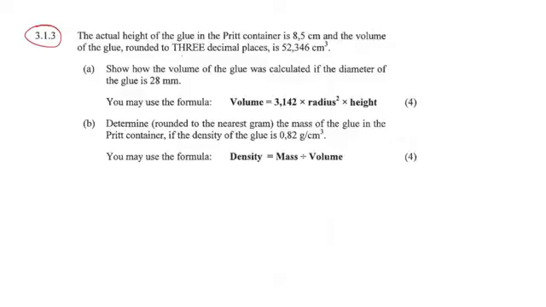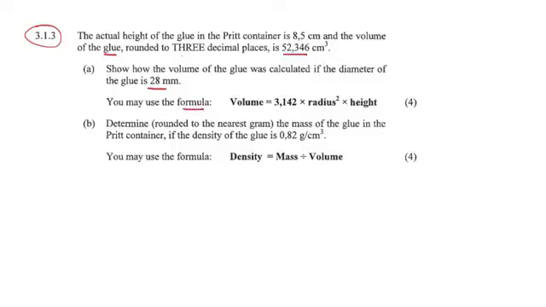This one says that the actual height of the glue in the Prit container is 8.5, and by the way, I left out the glue stick in this question because we don't actually need it. And the volume of the glue is 52.346. Show how the volume of the glue was calculated if the diameter of the glue is 28.